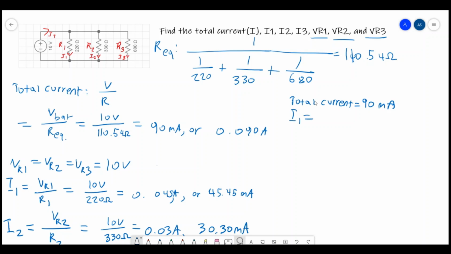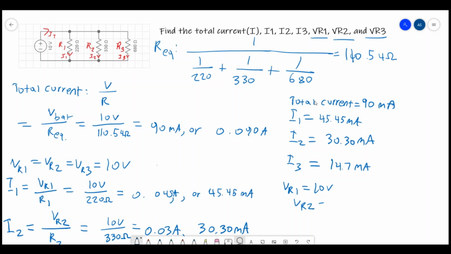I1 is 45.45 milliamps, I2 is 30.30 milliamps, I3 is 14.7 milliamps, VR1 is 10 volts, and VR2 and VR3 are also 10 volts. So these are the answers to the problem. Okay, I hope you understand how to solve this problem.